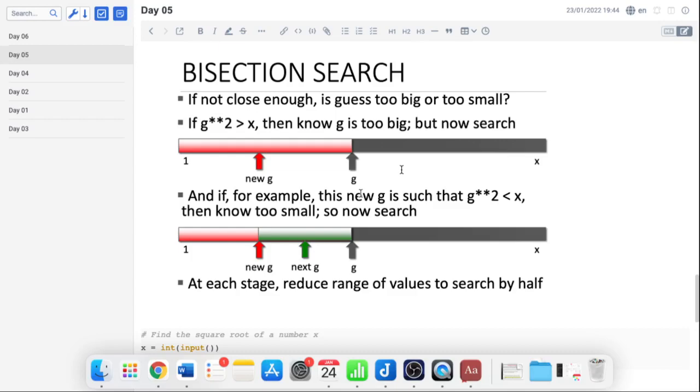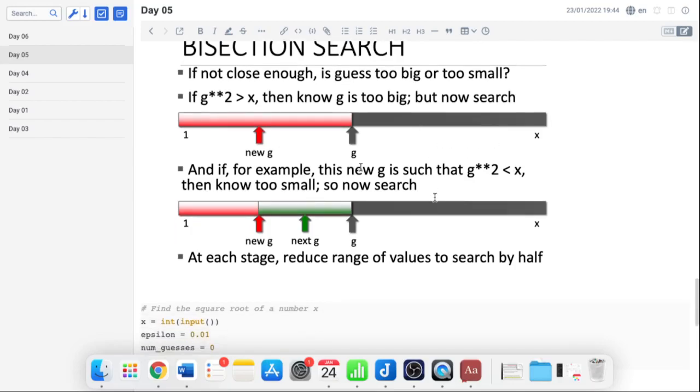So you start with the smallest, the highest, and somewhere in the middle. If you're too high, you're going to update your high, and then find the new middle. And then you would just repeat that process until you found the correct value.